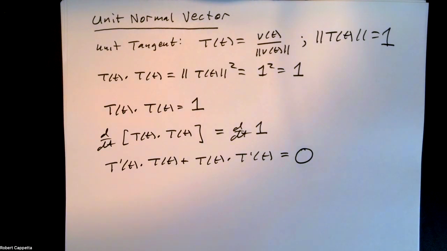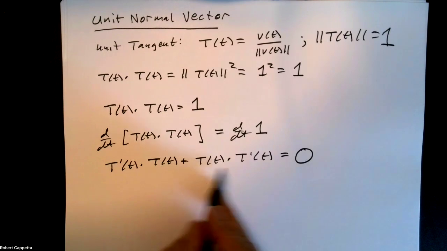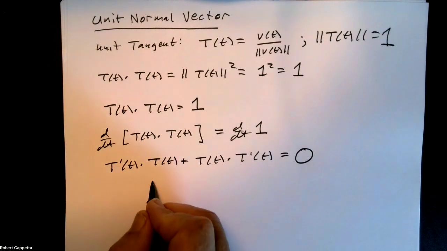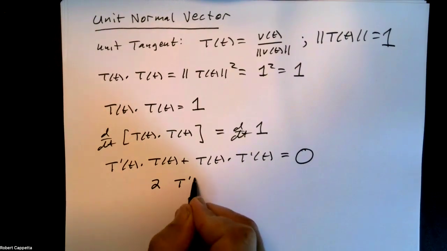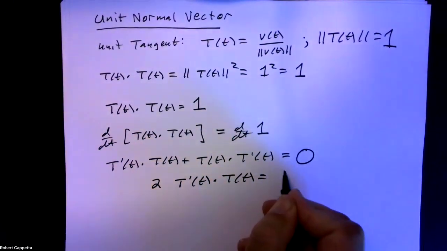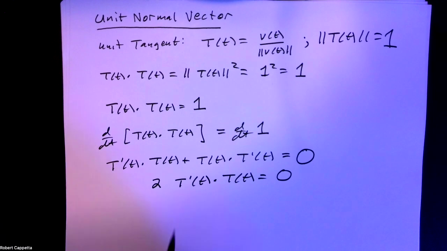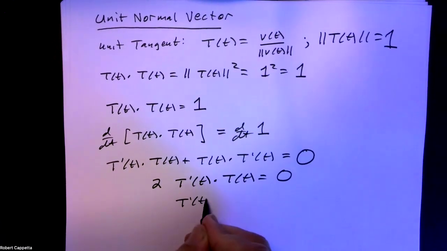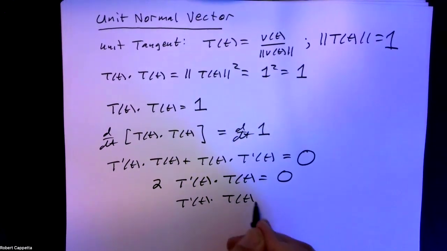When you get to more advanced courses in algebra, inner products aren't necessarily commutative, but in this case they are. So T prime dot T and T dot T prime are the same thing. So I can think of this as twice T prime of t dot T of t equals 0, which will tell me then that T prime of t dot T of t is 0.